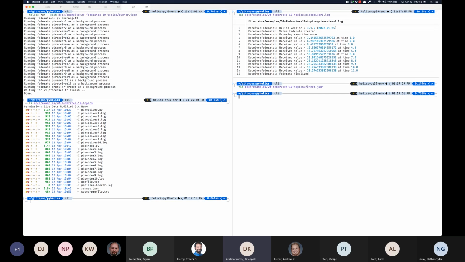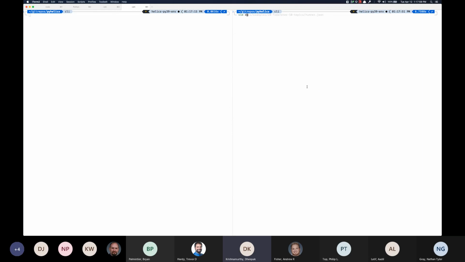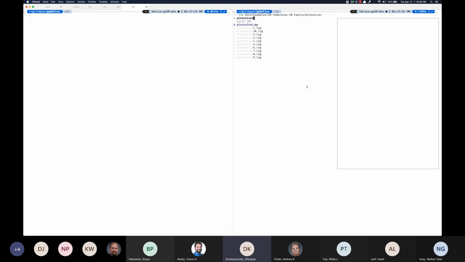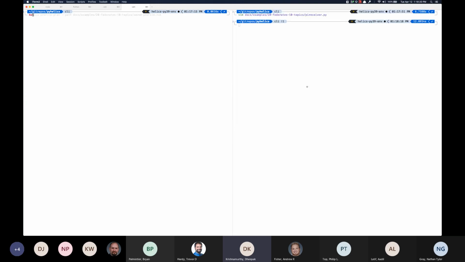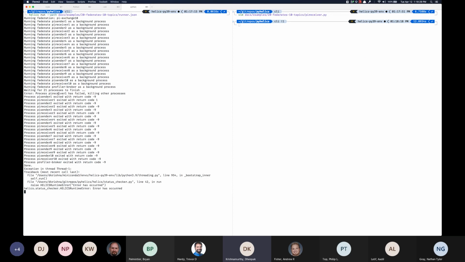In addition to that, if there was an error, let's say as an example, I decide to raise an exception here, and if I try to run this, it tells you which federate has failed first, and it then kills all the other federates as well.